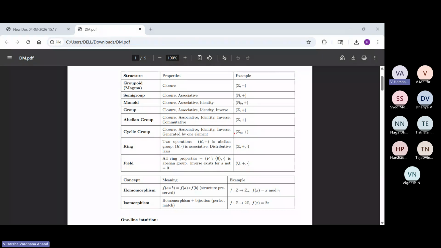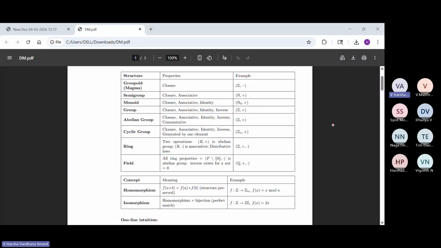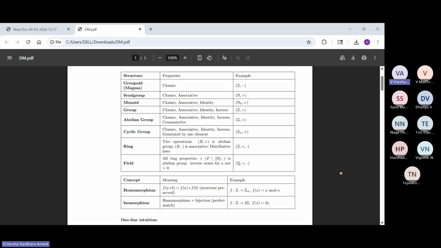Again here, Zn means a set of modulus n. So 1, 2. So this is Z4. So effectively modulus 4. Any whole number modulus 4. So that's a cyclic group.